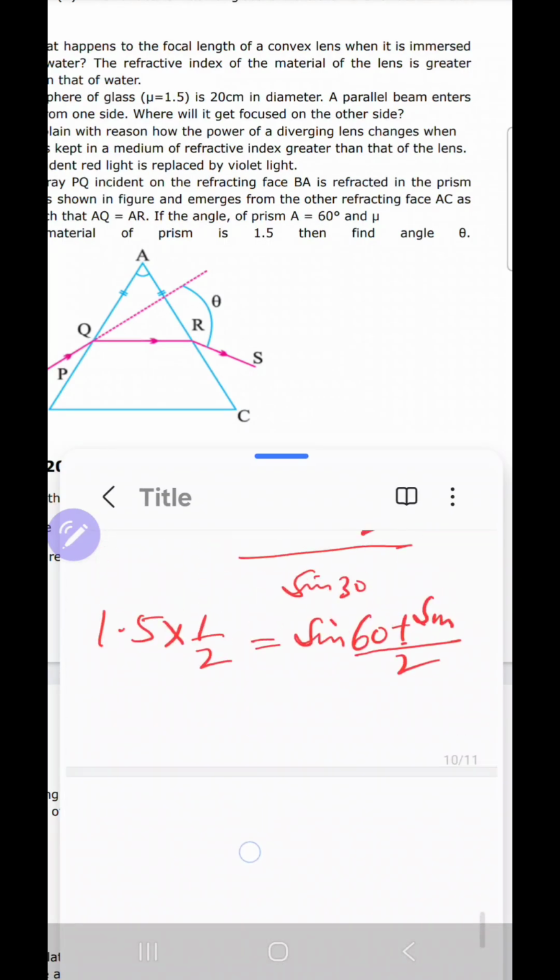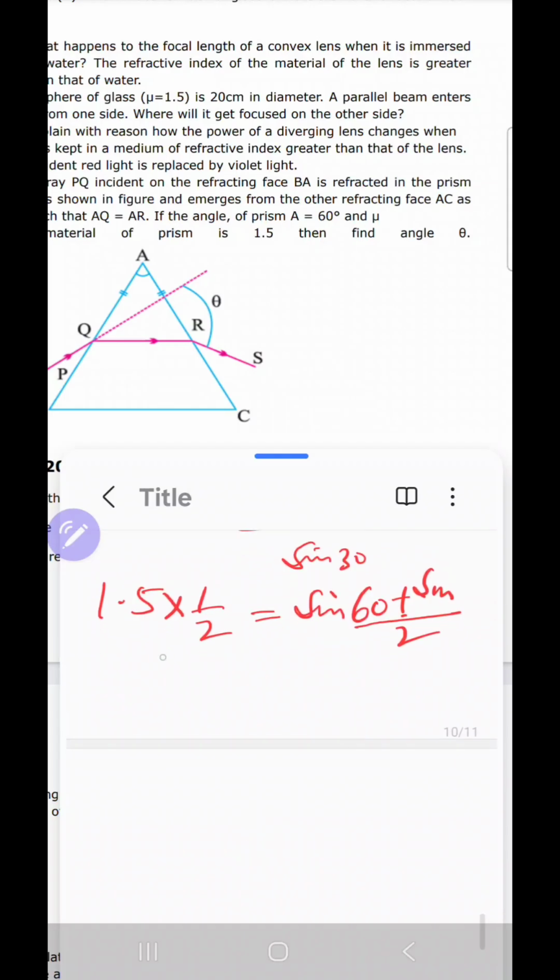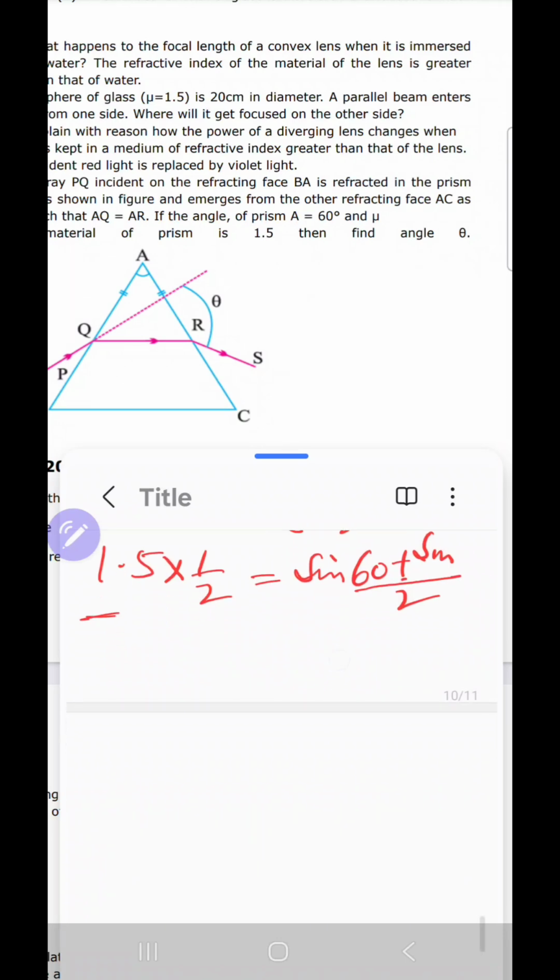Now we can use the trick. If I'm writing sine here also, we can make the simple comparison without using trigonometric table. So this is 1.5. I can write this as 3 by 2, and 1 by 2 is already there. And this side we have sine of (60 plus delta m) by 2.